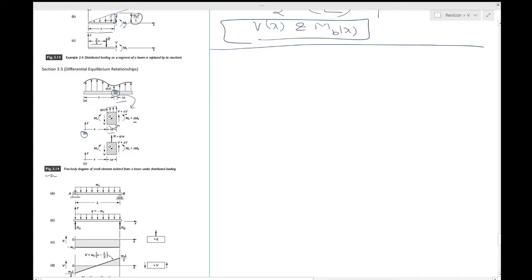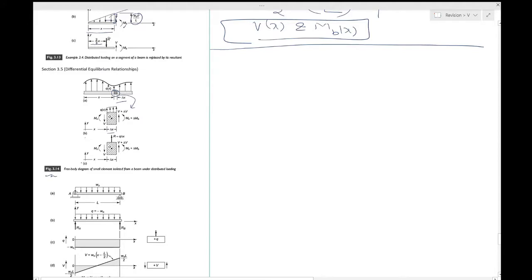Okay, so this is the change which has happened in the shear force and in the bending moment coming from the left to the right, for this small element.